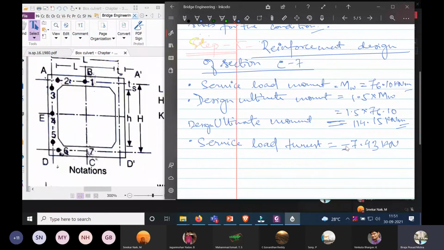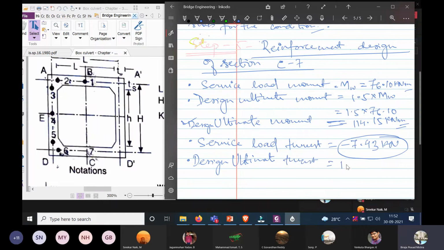Since it is minus, does it mean it is in compression or tension? It is in tension. Again, just like the design ultimate moment, we write the design ultimate thrust.